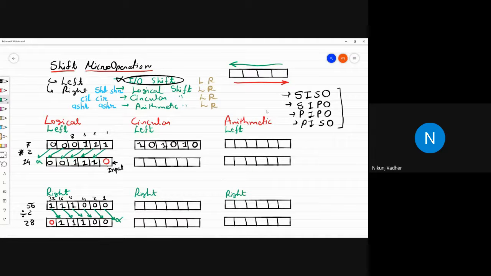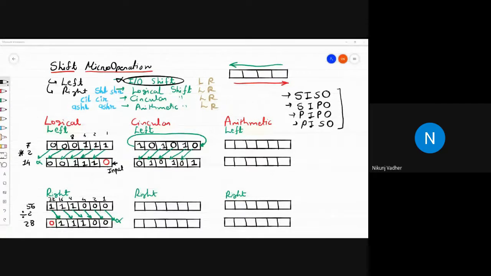But in circular shift, instead of discarding it, we will place it at this position. All bits are shifted, and instead of discarding the most significant bit, we place it at the end. This is how circular left works.